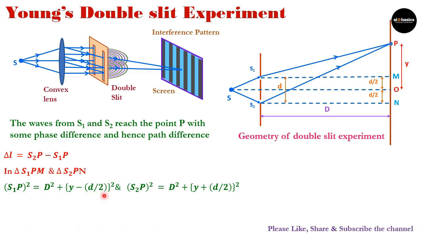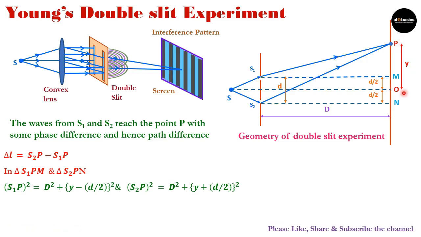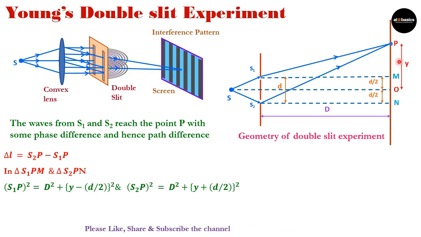How did I get this value? Let us see. PM is the distance of point P from point M. We are considering that point P is at distance y from the central bright point, or central maxima. So PO is y and MO is d by 2. So PM will be y minus d/2, and we can write this expression.